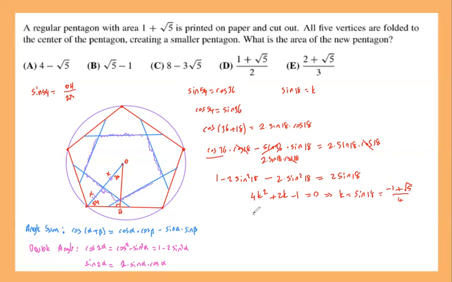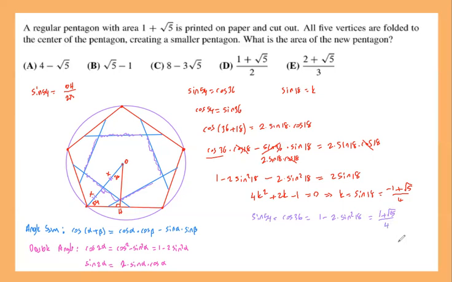So sine 54 is equal to cosine 36, which is going to be 1 minus 2 times sine squared 18. If you plug this in and simplify, you will get sine 54 as 1 plus root 5 over 4.